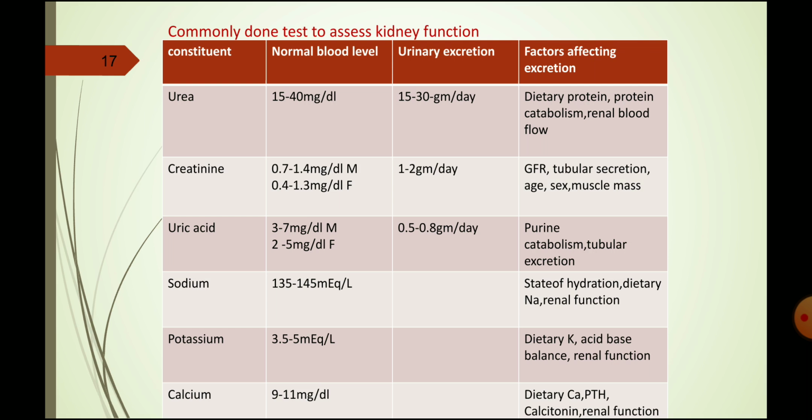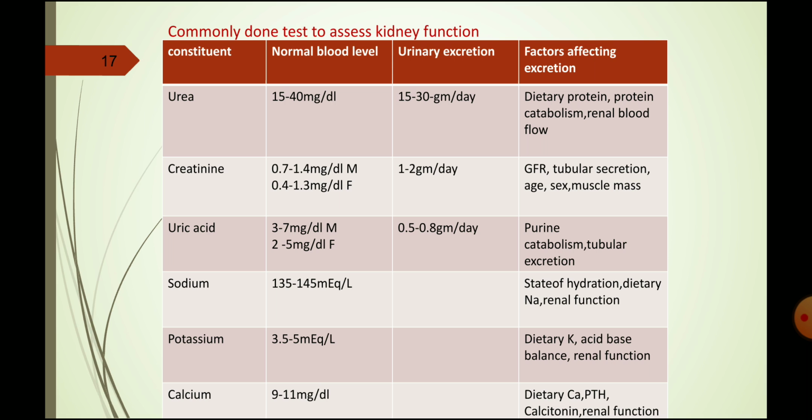Next, in this table, I have given all the values. You can refer and study the normal plasma level, urinary excretion, and factors affecting. Urea 15 to 40 milligram per deciliter, excretion 15 to 30 grams per day; factors affecting are dietary protein, catabolism, and renal blood flow.